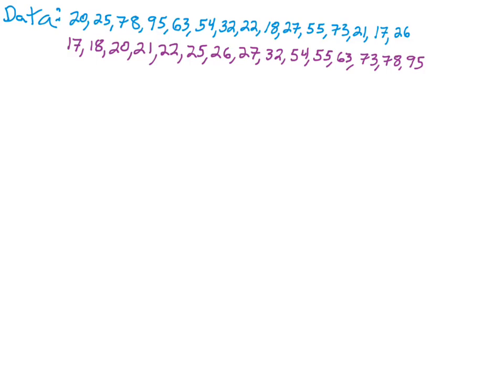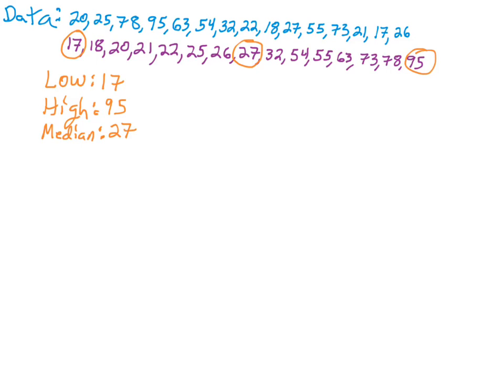Go ahead and pause it and fix it if you need to. And now we need to find all our numbers. So our low is 17. Our high is 95. Our median, in this case, is 27.